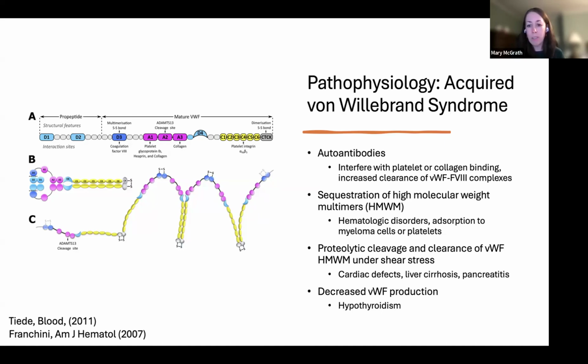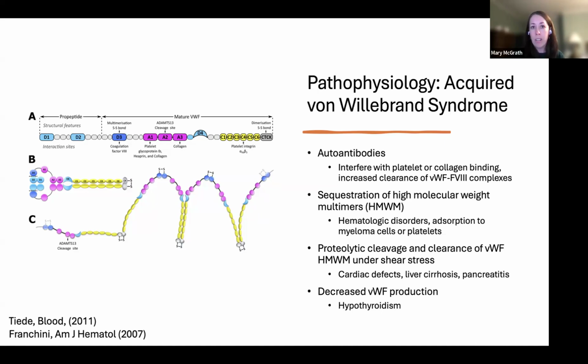In myeloproliferative and malignant disorders, it's thought to be sequestration of your high molecular weight multimers, which, if we all remember, are our stickiest and most effective. These high molecular weight multimers adsorb to tumor cells, or for patients with myeloproliferative disorders, they can adsorb to platelets and are sequestered away from the endothelial surfaces.